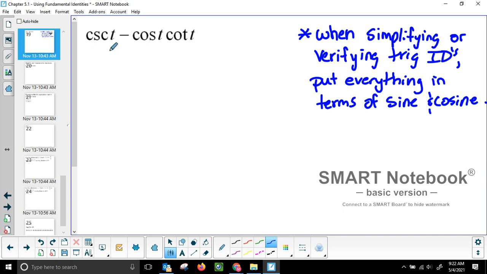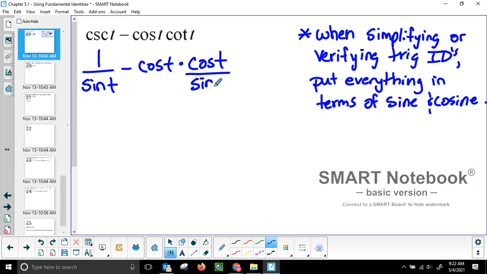So cosecant of t, we know we can rewrite that as 1 over sine of t. Minus cosine is already in terms of sine or cosine. And cotangent is cosine of t over sine of t. Now we can multiply these. You can think of this as over 1 and multiply across the top and across the bottom.